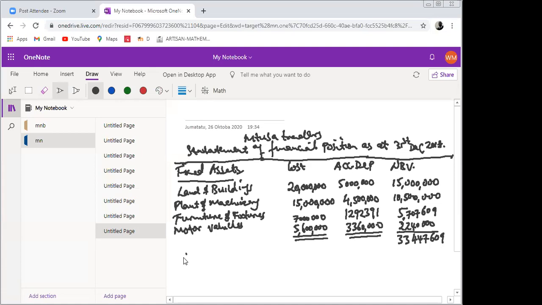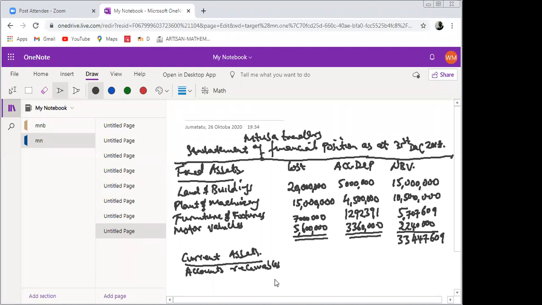Now we can come here and capture the current assets. So we have the accounts receivables. Here we need to be careful.